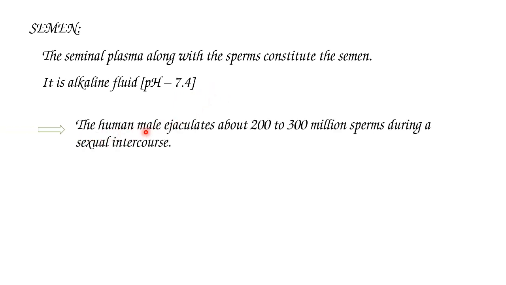The human male ejaculates, that means releases out, about 200 to 300 million sperms during a sexual intercourse.